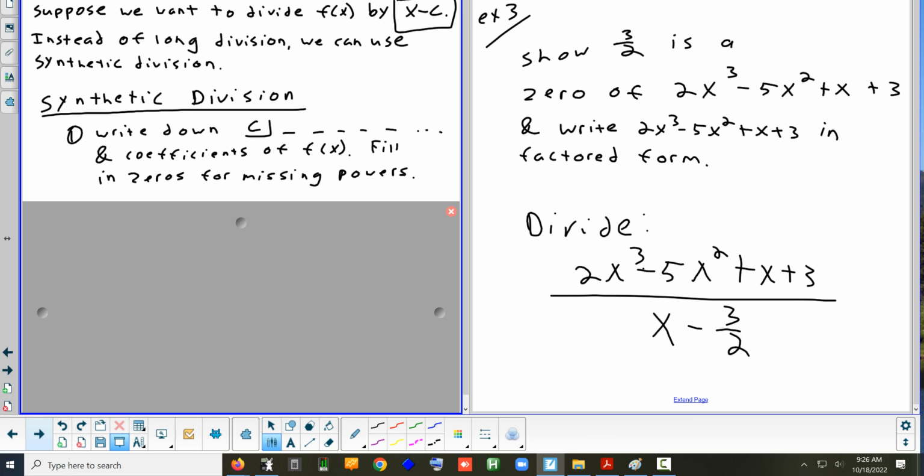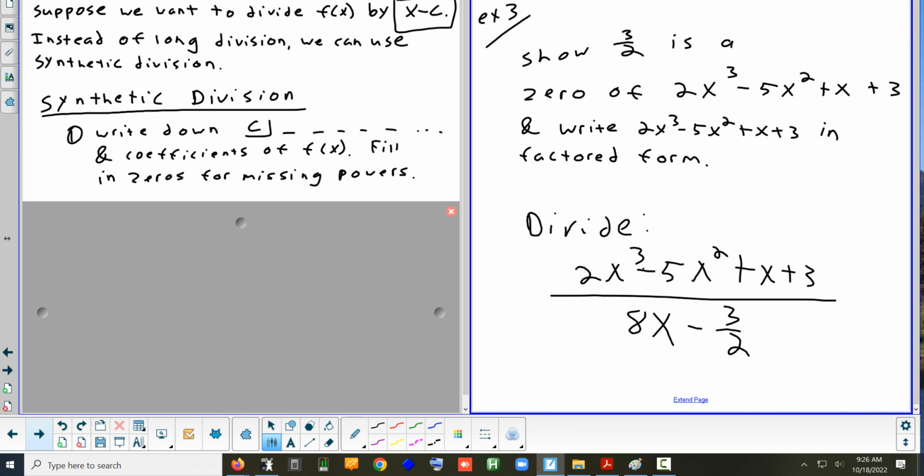So as long as the denominator can be written as x minus a number, you can use synthetic division. If the denominator has x squared or anything like that, nope, can't do it. The denominator is like 8x minus 3 halves, nope, can't do it. It has to be x minus a number for this shortcut to work.